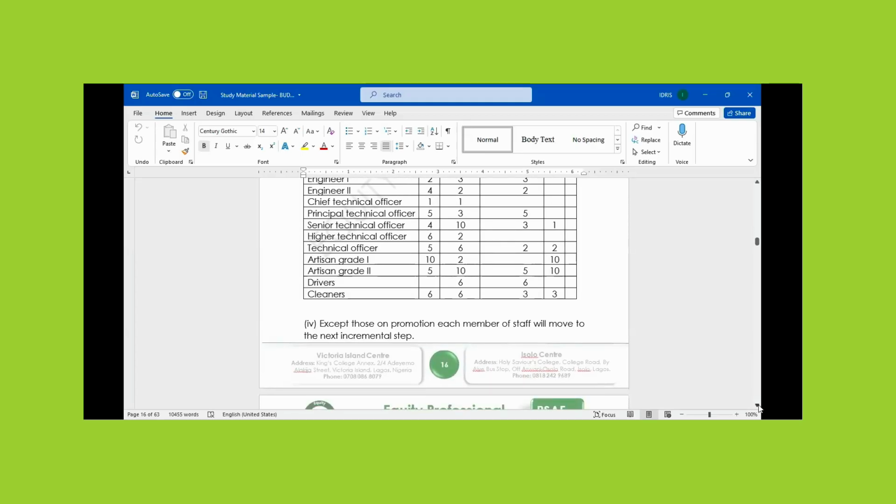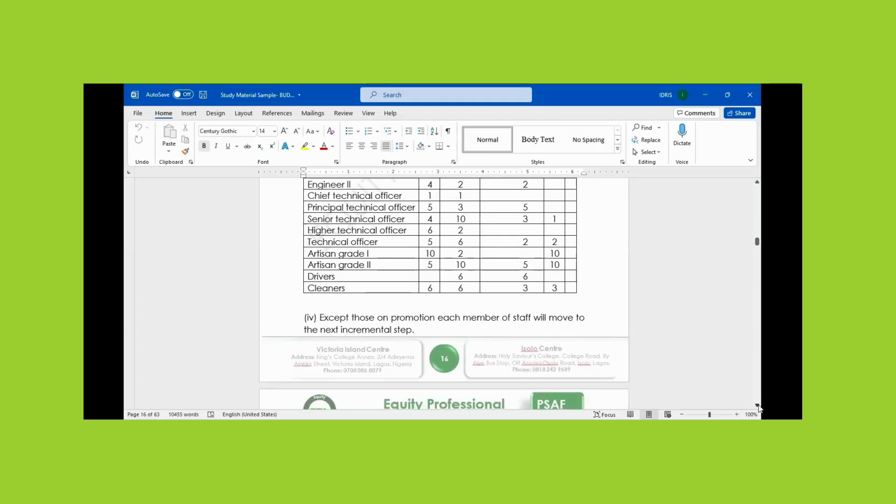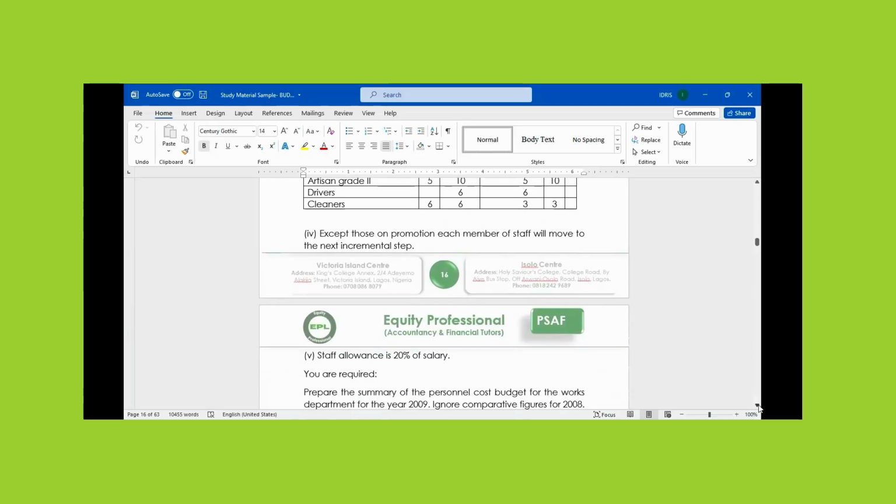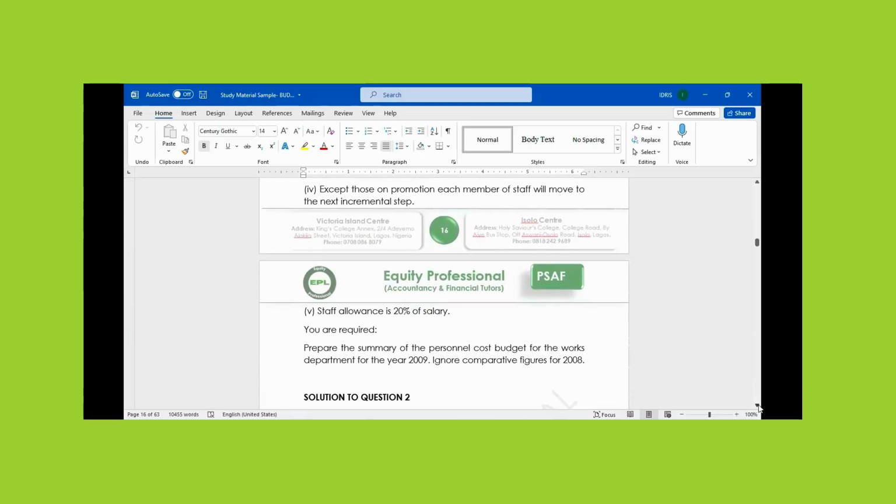Except those on promotion, each member of staff will move to next incremental step. While note 5, the staff allowance is 20%. You are required to prepare the summary of personnel costs budget for the work department for the year 2009. Ignore comparative figure for 2008.